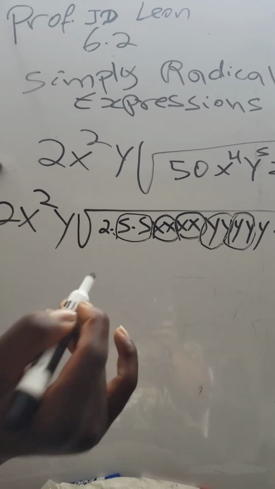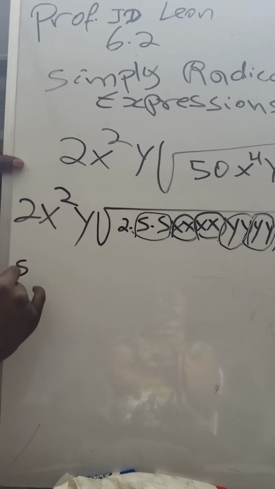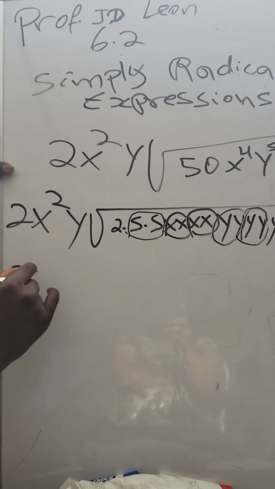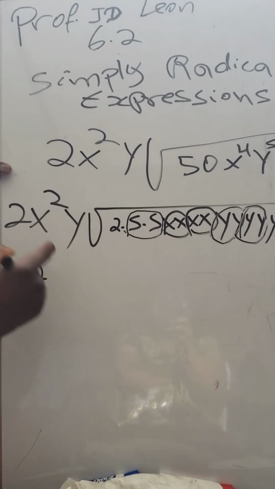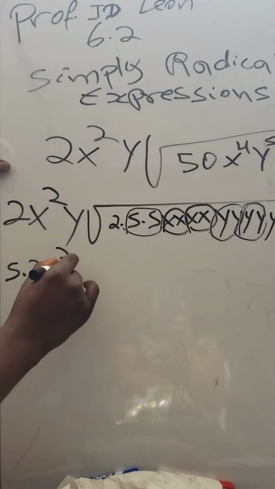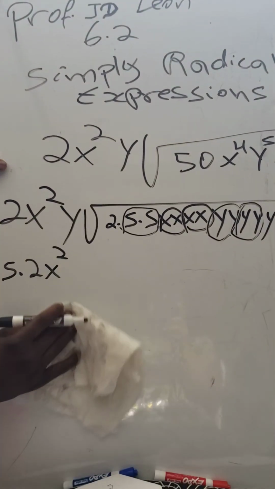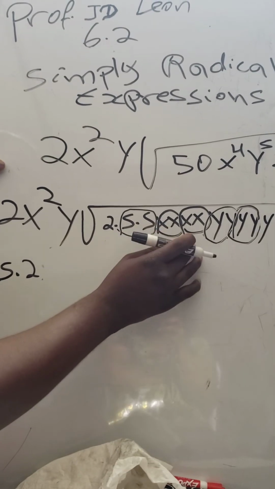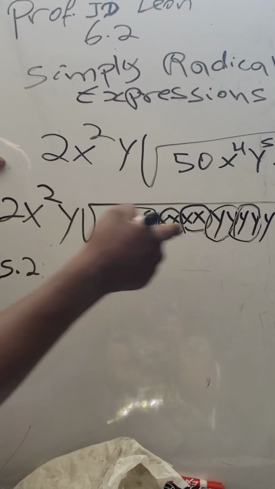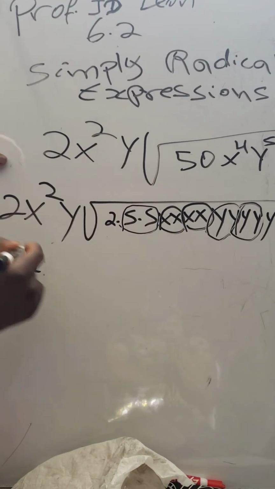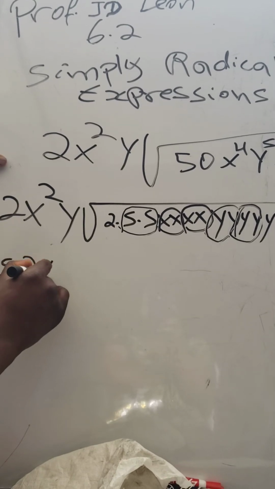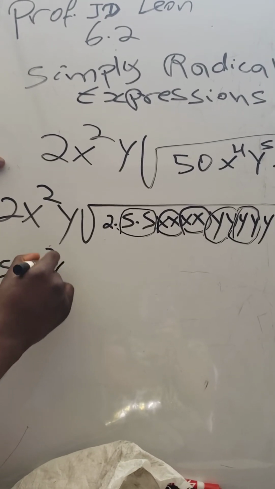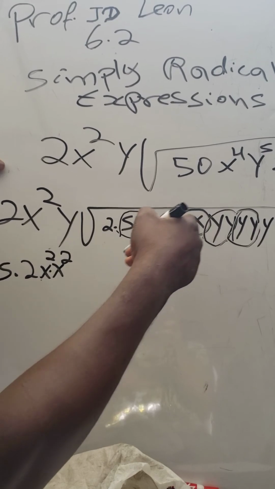So then what we can do is pull out the 5. So now we end up having 5 times 2, the 2 that was out here. We can pull out x once, x twice, so we can pull out x squared. Since we can pull out x squared and we have an x squared out here, then it would be x squared times the x squared that we're pulling out from under here.